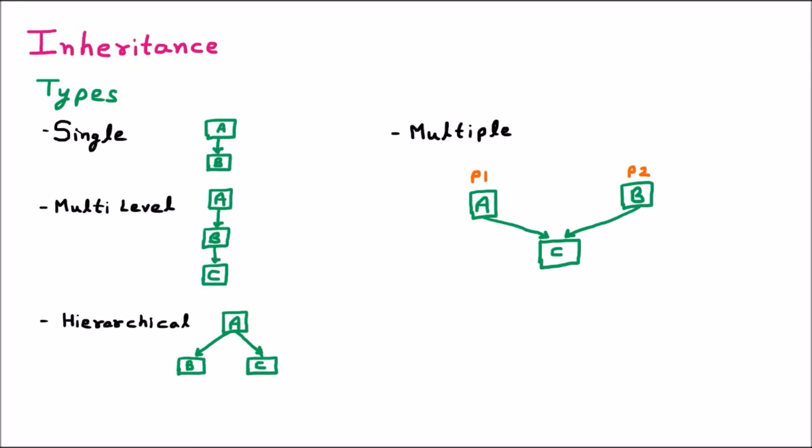Let us suppose in the parent 1 class, we are having an X variable, and also in the parent 2, we are having the X variable. So both the classes are having the X variable. Now, if we talk about the derived class, in this derived class, we are having two parents. Now, this derived class is having the problem of which X they should take, because they both are the same. So that is a problem with the multiple inheritance.